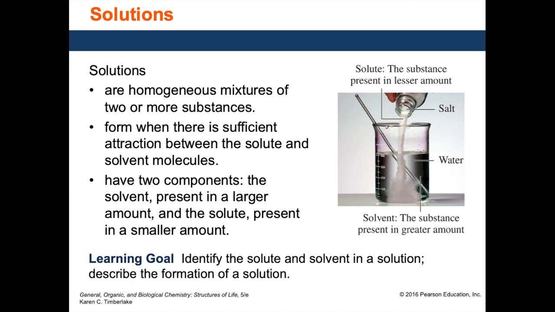In this case, the salt is your solute and water is your solvent. The other way you can tell the difference between your solute and solvent, besides the amount or proportion, is that since your solvent makes up the larger part, your solution will usually look like your solvent. So once you dissolve your solute in the water, your salt solution looks like water.